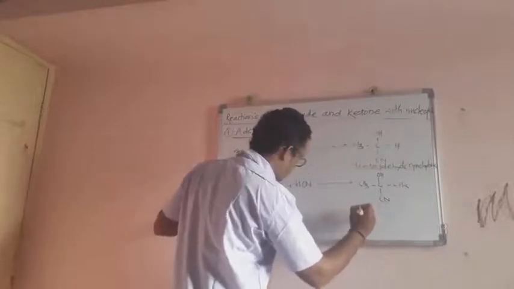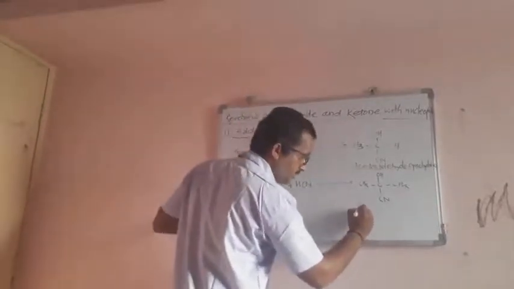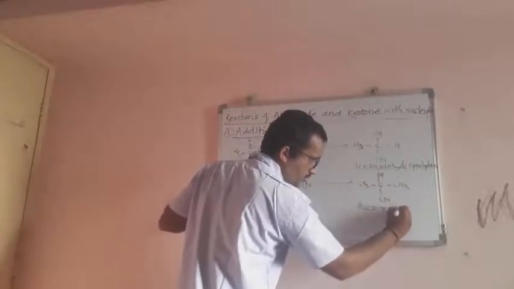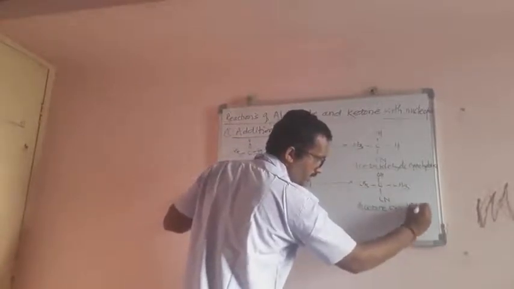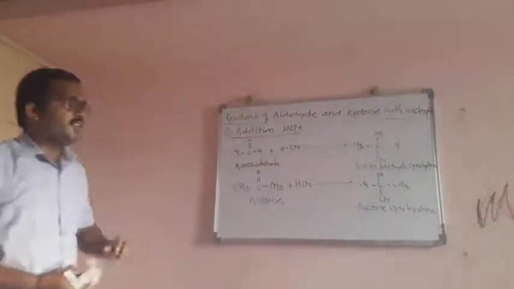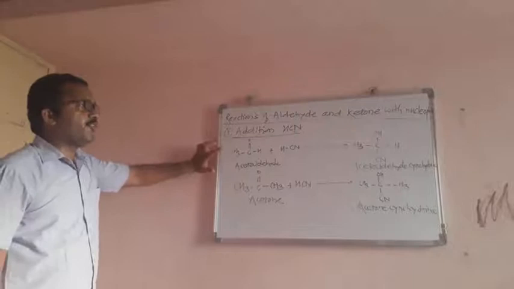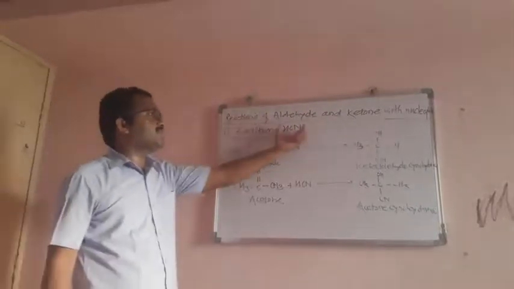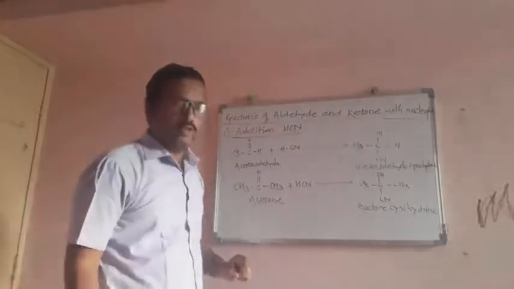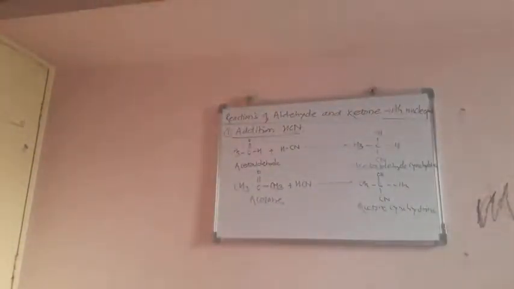The name is acetone cyanohydrin. These are examples of the addition of hydrogen cyanide to aldehydes as well as ketones. This is one of the reactions of aldehydes and ketones.